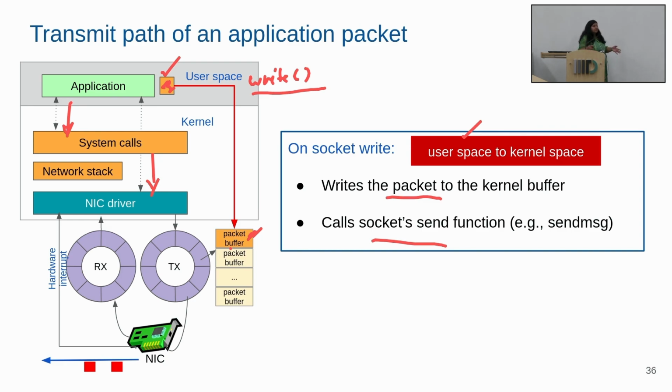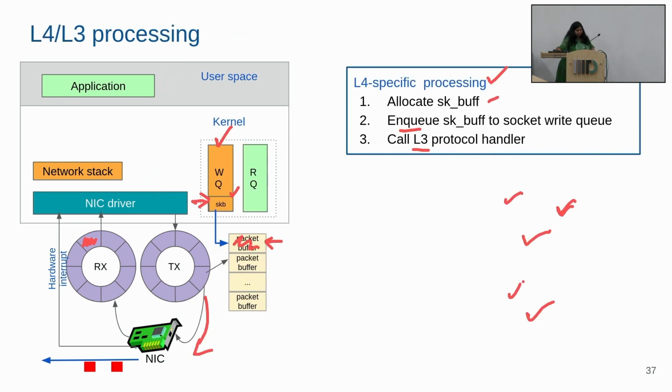Nothing added. It's plain data, with empty portions on the left and the right. Just plain data is pushed into the device memory. And after that data is pushed, the allocation of SK buff happens, because till now there was no SK buff. So next is SK buff allocation, and after that only will you add headers.